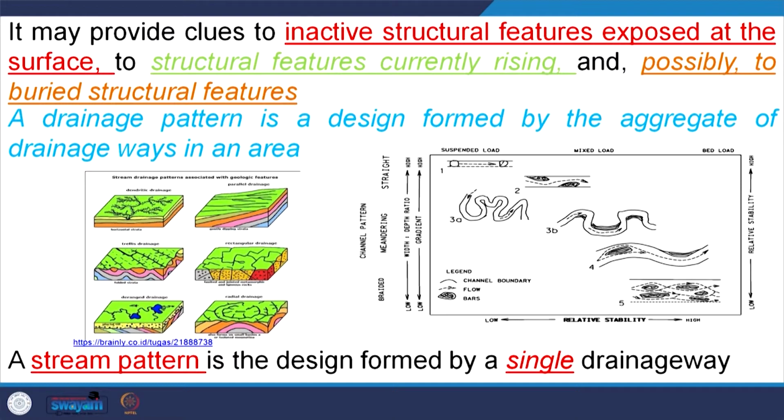A stream pattern is the design of a single drainage way. Once we say drainage pattern, that means the number of streams in that area, and the overall drainage way has to be analyzed. But once we say stream pattern, here we are considering a single stream rather than more than one stream. So, stream pattern and drainage pattern are different.